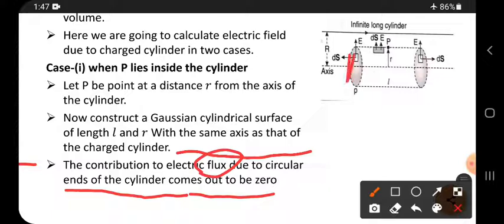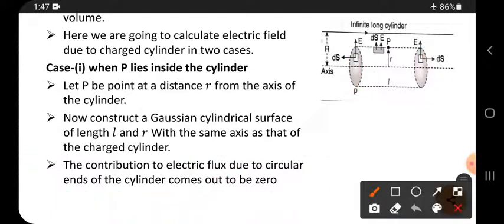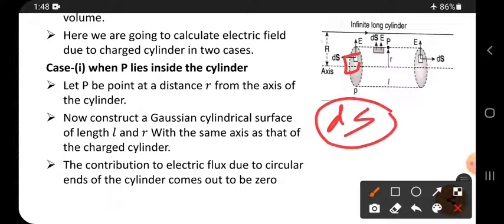Because if you take this end and this end and consider a small area element ds, this ds we always denote with an arrow perpendicular to the surface.